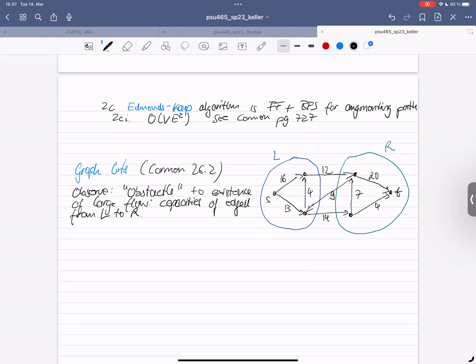More formally, this leads to what we call ST cuts. So this leads to the following definition.